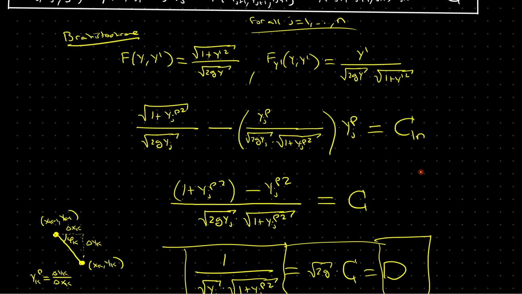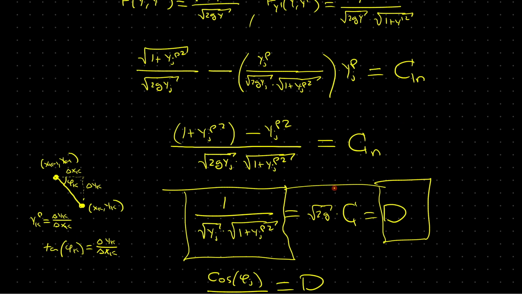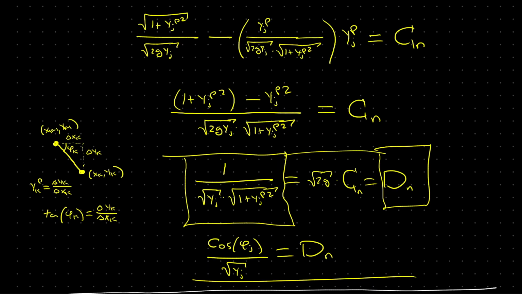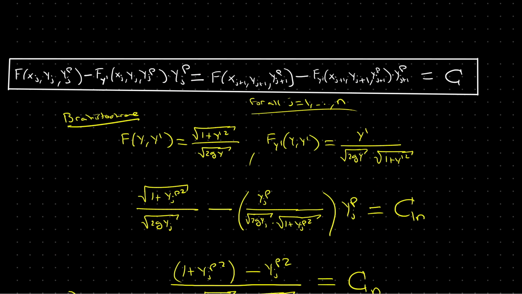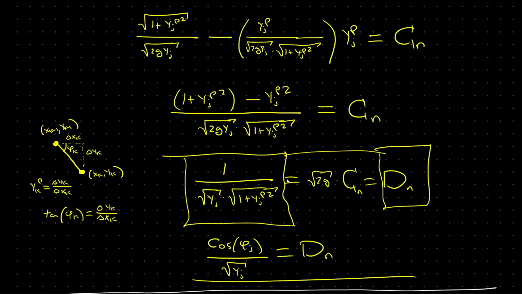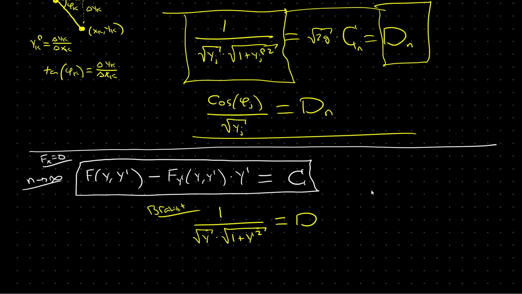So the constant c is going to be some cn, and this will be dn. The same holds for this equation; it depends on that fixed n, the fixed number of points in our discretization. We'll call this cn, this dn, and then in the limit we'll just call the constant c, the constant that we get when we take the limit as n goes to infinity.